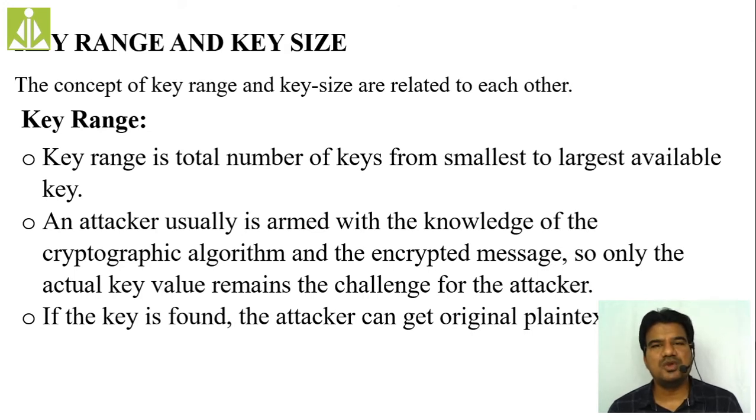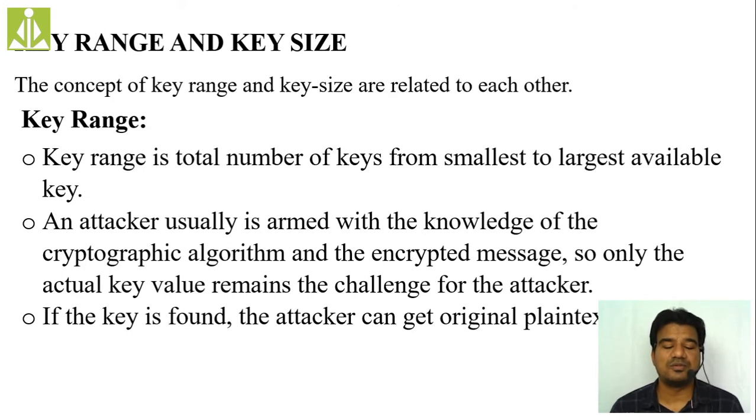By making use of these two things, he always tries to gain the knowledge about the key, as well as capture the plain text from the ciphertext. Hope you understood.